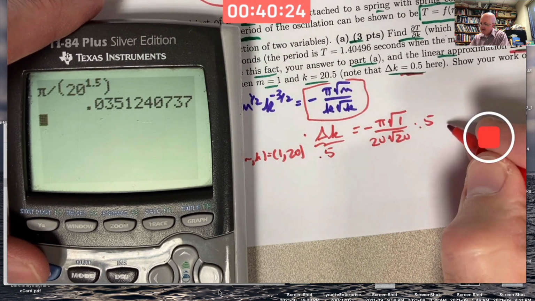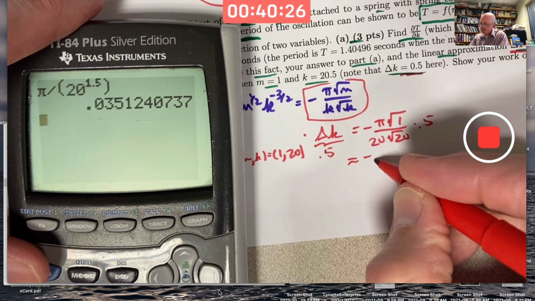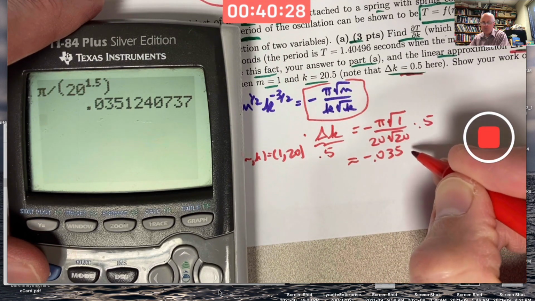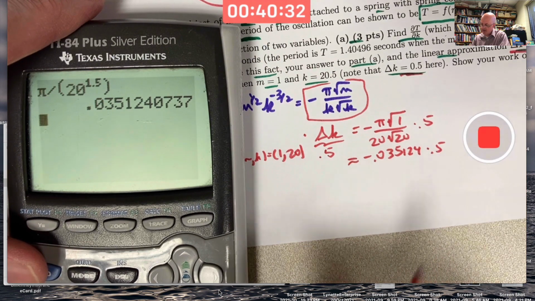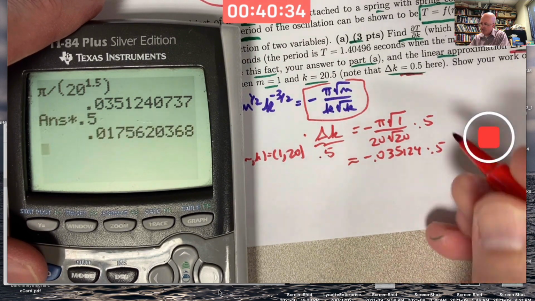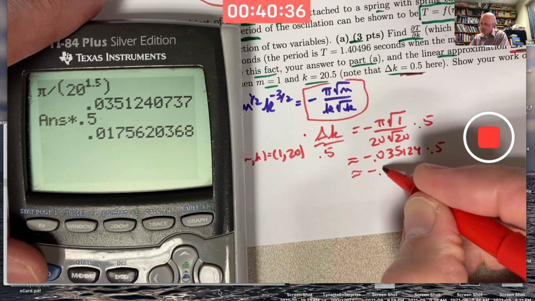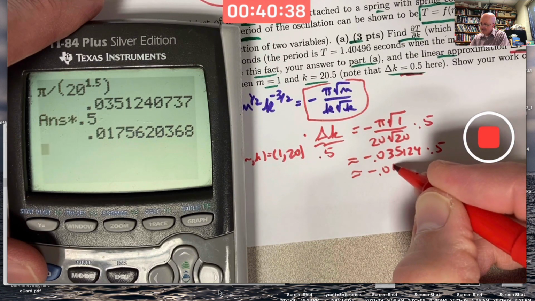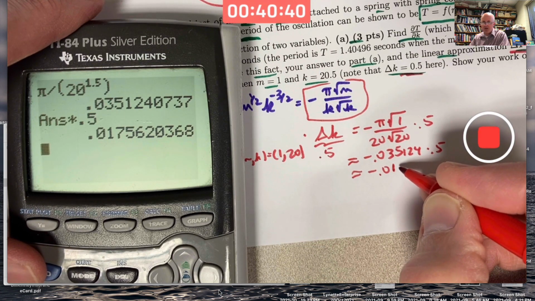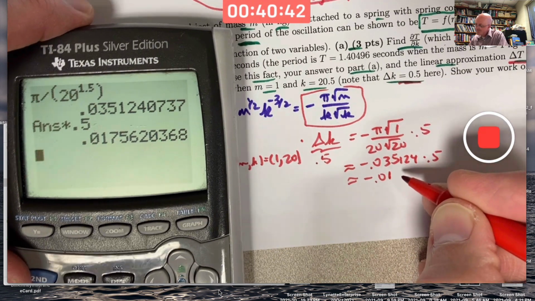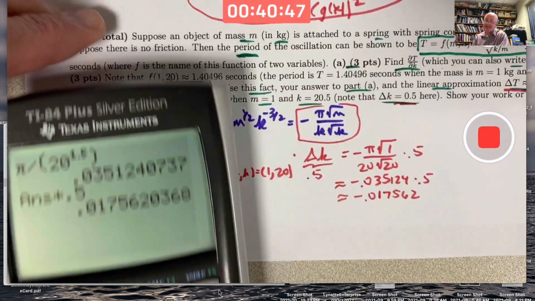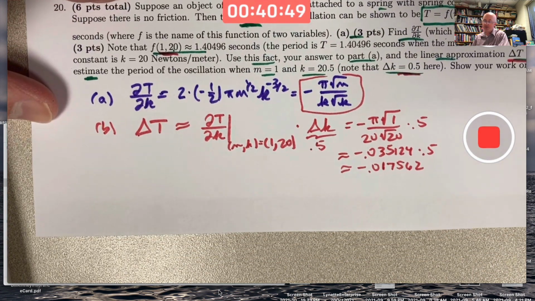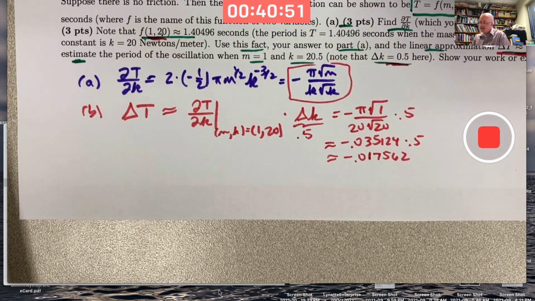Put the negative sign in there. This is approximately negative 0.035124 times 0.5, same as dividing by 2. It gives you about negative 0.01. Oh, let's go ahead and round it. I'll keep more decimal places, even though it's not a good idea because it's too many significant digits, but let's not worry about it.